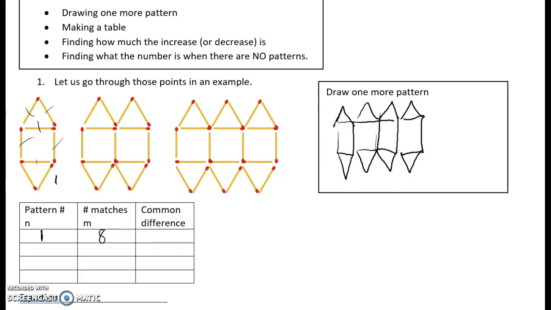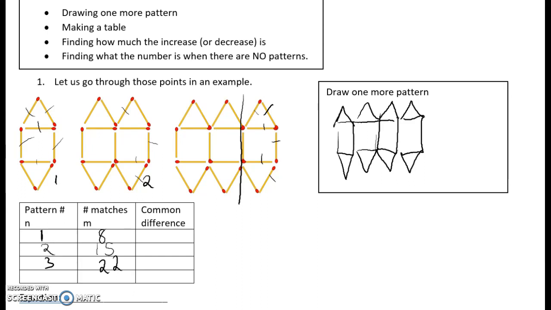In pattern number 2, I added on an extra 8, 9, 10, 11, 12, 13, 14, 15. And in the next pattern, I've got my 15 over there, and then I added on 16, 17, 18, 19, 20, 21, 22.